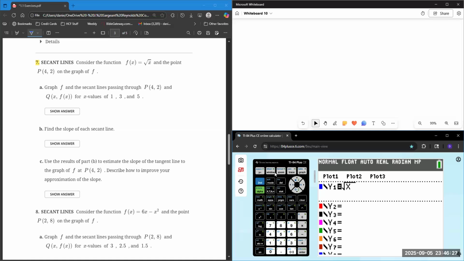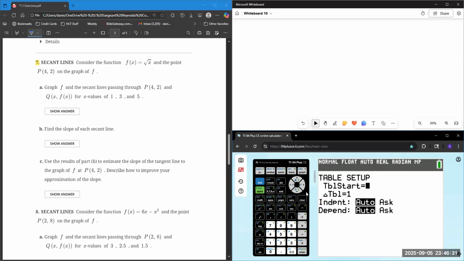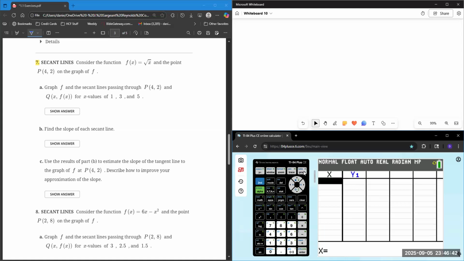Second stat plot, second table setting here, we set our independent variable to ask. That'll be helpful to us when we set up our table here. And we're going to want to know the y values. We already have it for 4, but we're going to want 1, 3, and 5 to be calculated for us here.